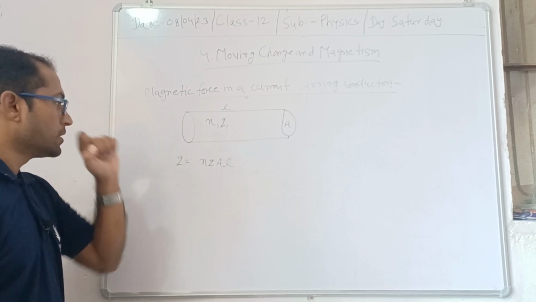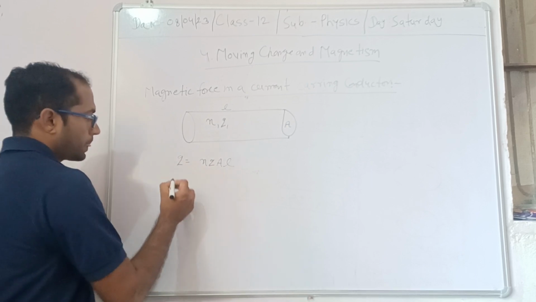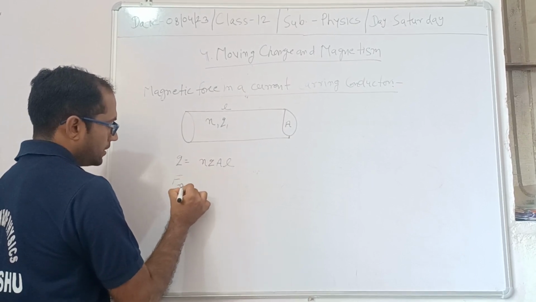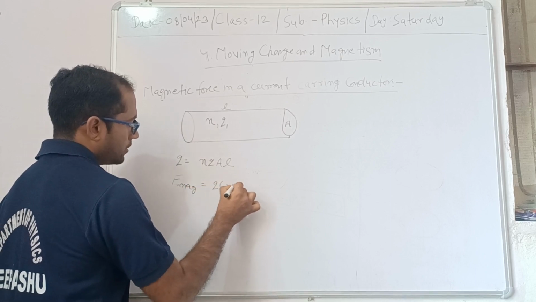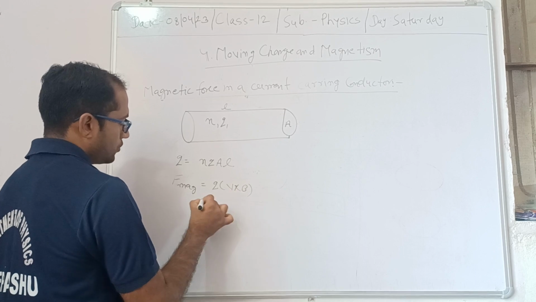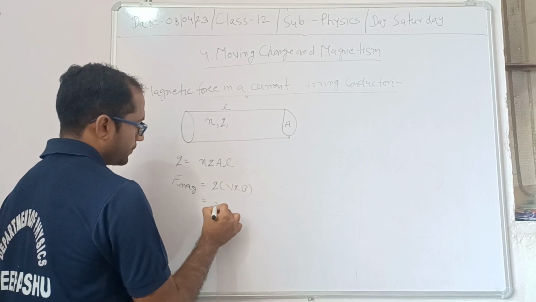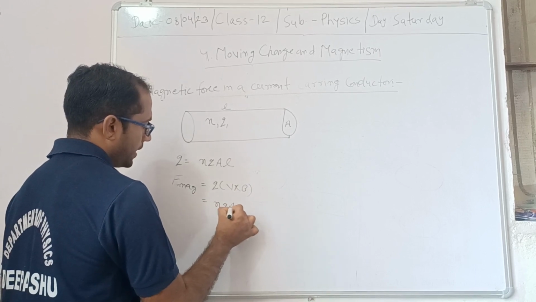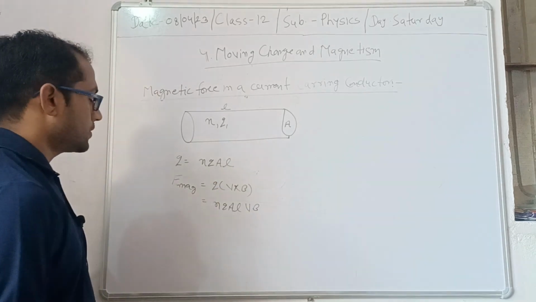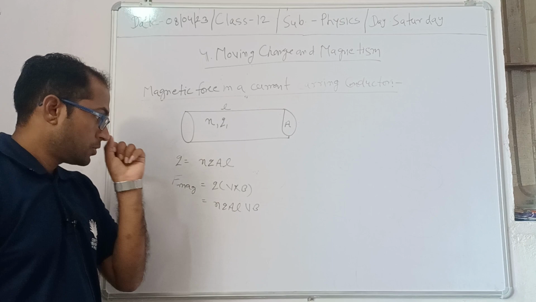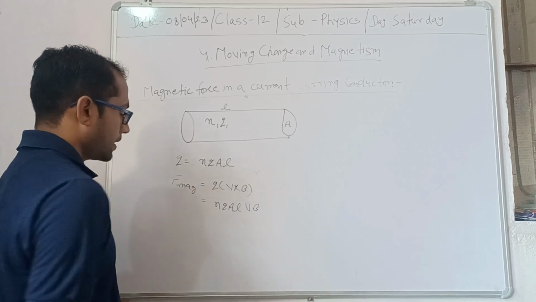If we put it in the formula, F magnetic is equal to Q V cross B, so the value is N Q A L V B. We suppose the angle is 90 degrees, so we remove the cross product.